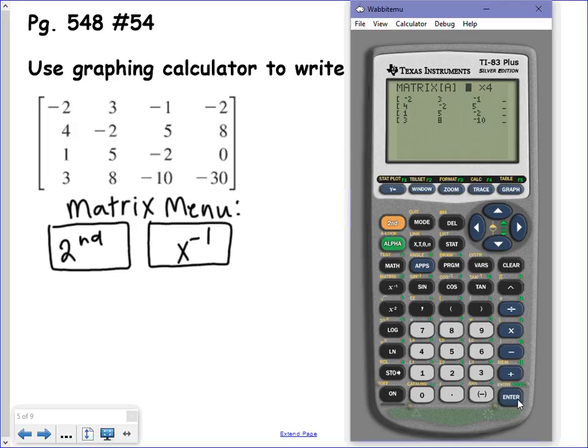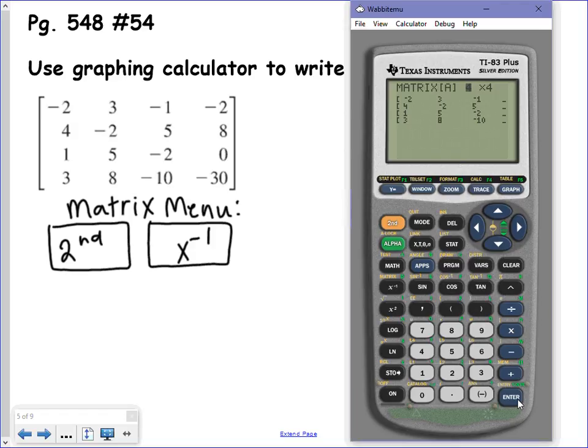What does it say? Choose run matrix. Mine's like the right version.